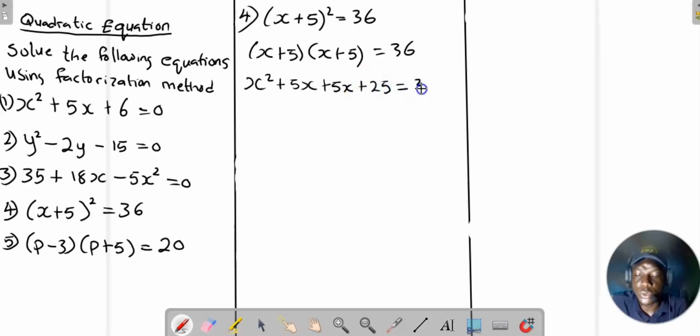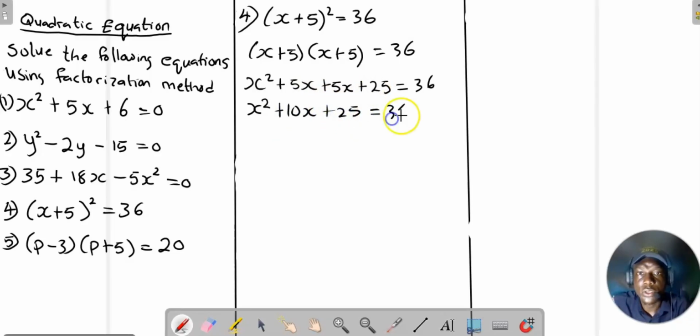All of them is equal to 36. Now here's the next thing. You add up plus 5x plus 5x, which will give you x squared plus 10x plus 25 is equal to 36.